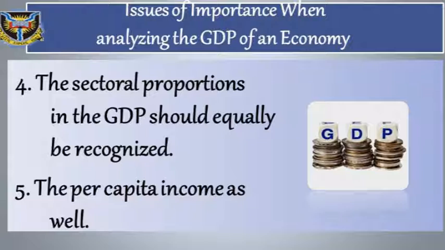By this, the analyst captures the true performance of the economy. 5. The per capita income. This is obtained by dividing the GDP by the total population of the country. That is, GDP over total population. This index tells us the share of every individual member of the country from the overall GDP.